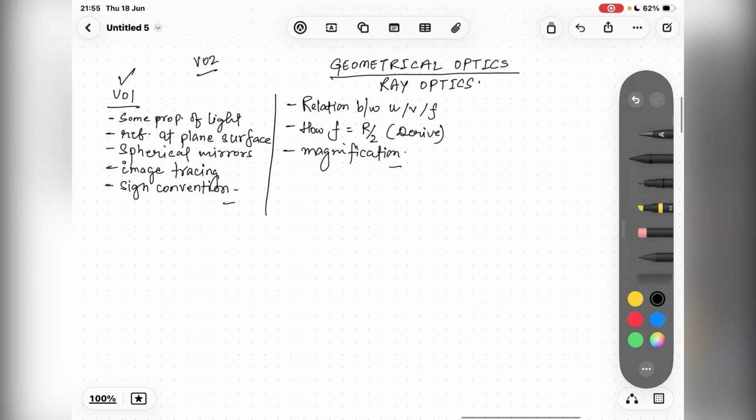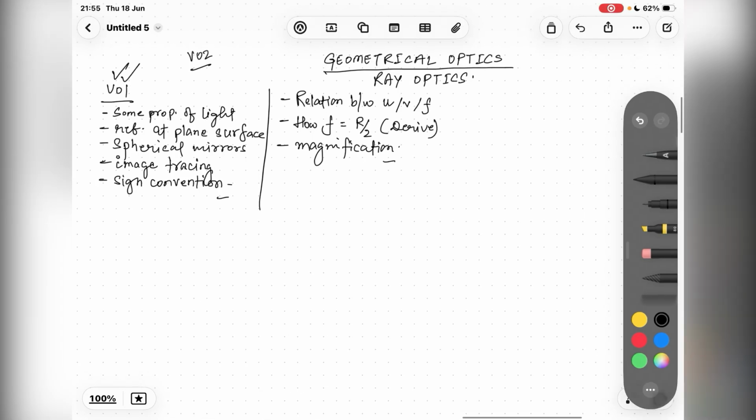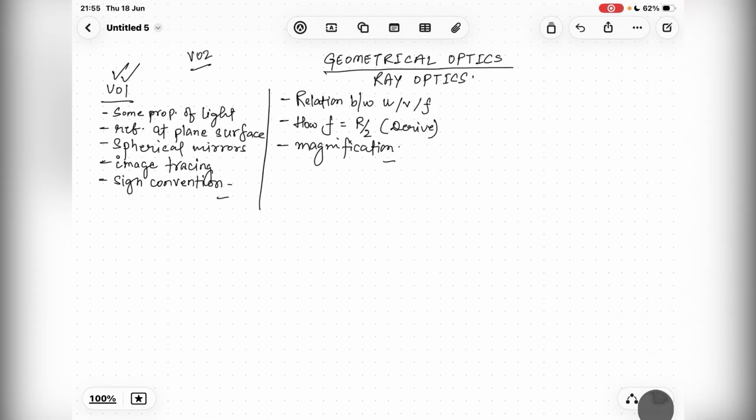So if you haven't seen the first video of geometrical optics, actually there were some concepts like paraxial rays that we will be talking about, that we will need in this video to establish this relation.